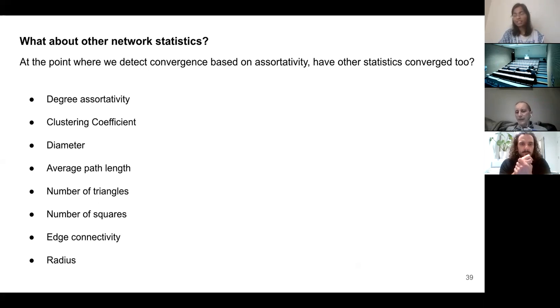No, we have not. In fact, there are a lot of other MCMCs. Instead of just keeping the degree sequence the same, there are MCMCs that keep the core value of the node the same, or it can even be extended to directed networks or hypergraphs.